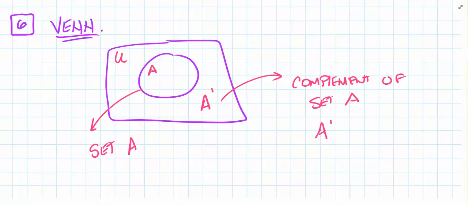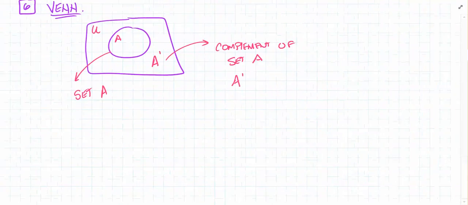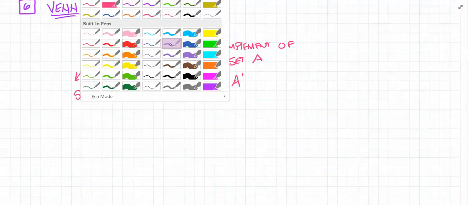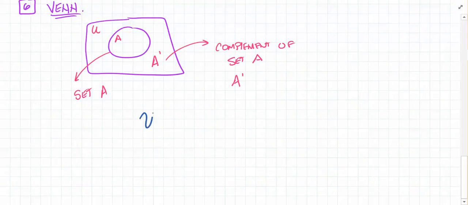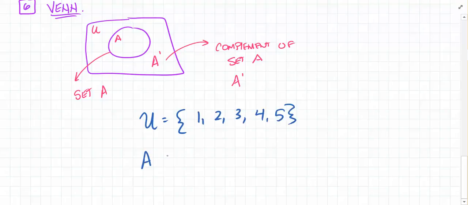So let me give you an example within the same box to illustrate the point. Let's say my universal set has elements 1, 2, 3, 4, and 5. Set A has elements 1, 4, and 5. Therefore, A is a subset of the universe. Does that make sense so far?